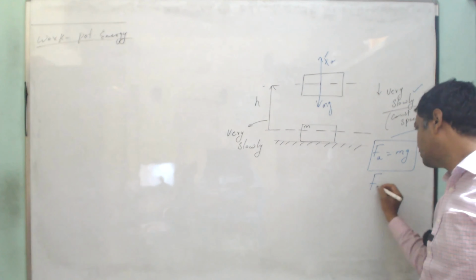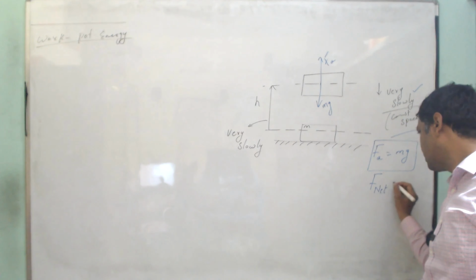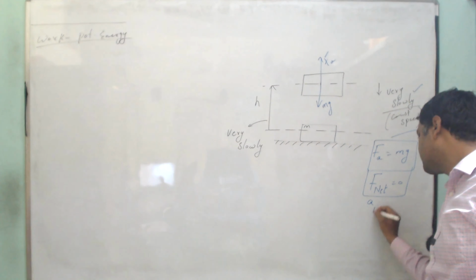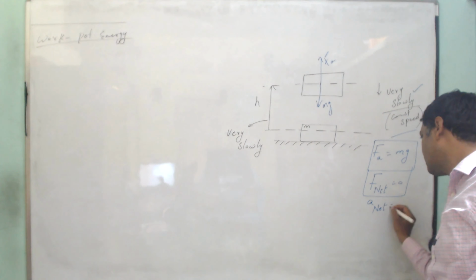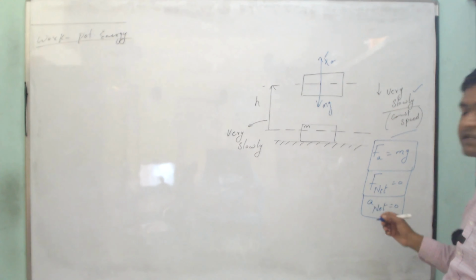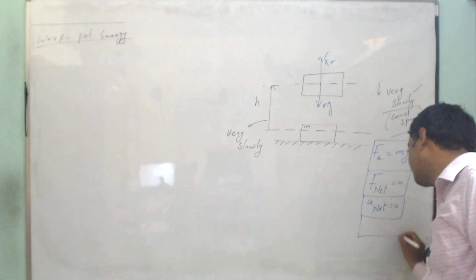See what happens when the forces are equal. Net force is zero. What happens when the net force is zero? The net acceleration is zero. And what happens when net acceleration is zero? I will have a constant speed.